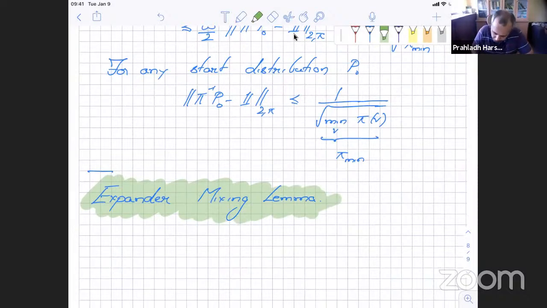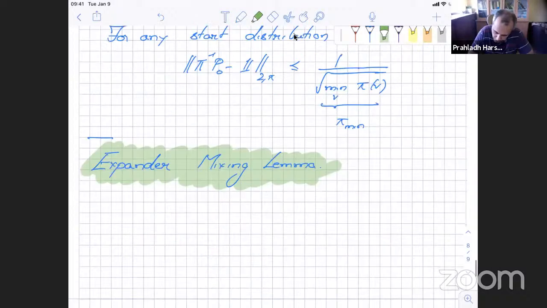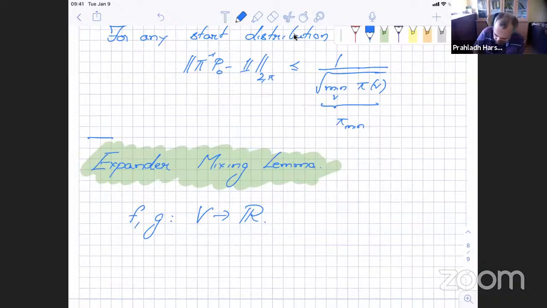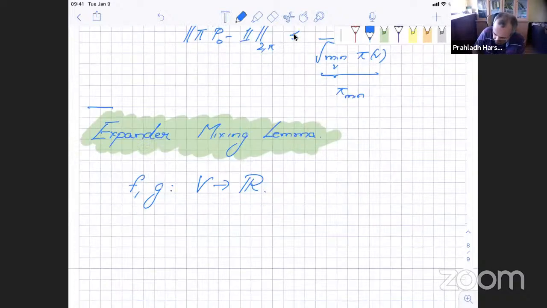So suppose you're given two functions f and g on the set of vertices. Let's define mu f to be the expected value of f, taken according to the pi distribution, that is, summation of pi v f.